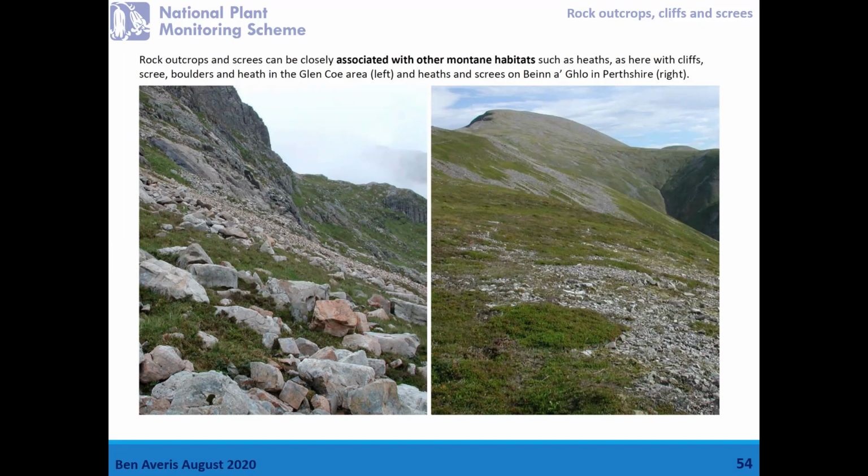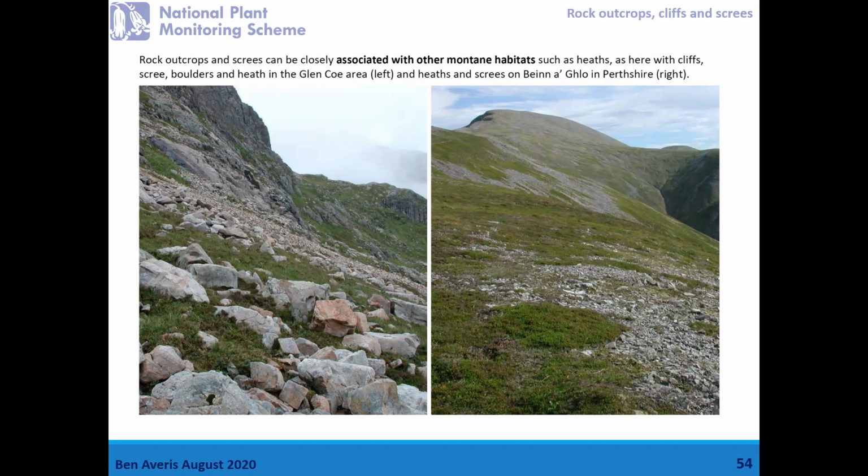Here we're seeing examples in the West Highlands on the left, mixed up with heath, and on the right, likewise, a lot of scree going right up to the high ground of Ben Challum in Perthshire. So the heath vegetation can gradually fizzle out into the rock habitat, in the same way that grassland vegetation, like on the Carboniferous limestone, calcareous grassland, can fizzle out gradually into rocks and screes.